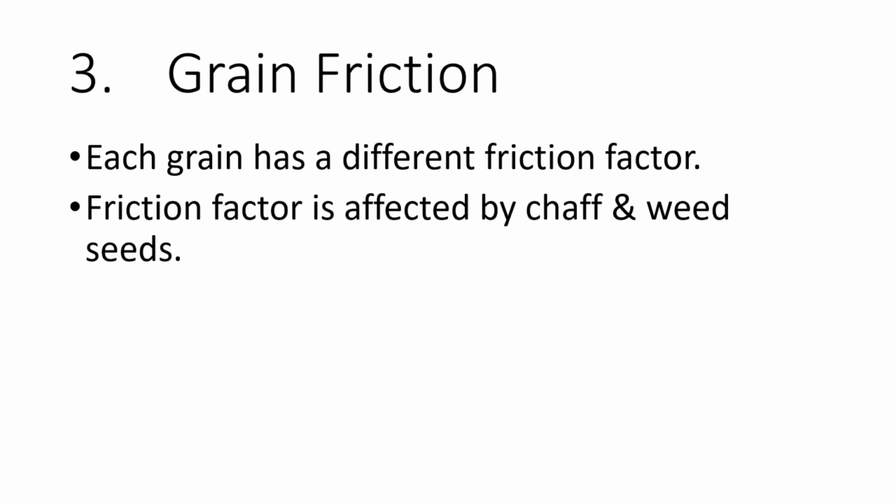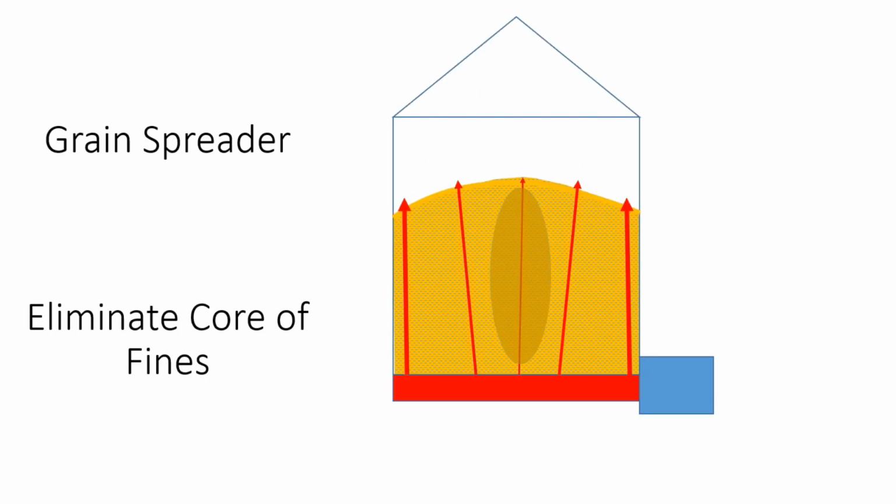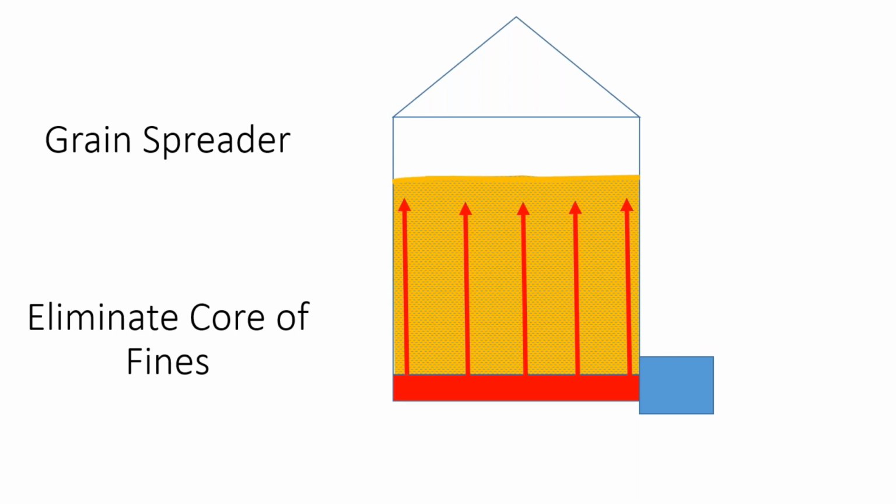Friction is affected by chaff and weed seed, so that core will impact airflow, and you really should be aware of this. There are technologies out there. The grain spreader is one that comes to mind, and it basically levels out your grain mass and eliminates that core.